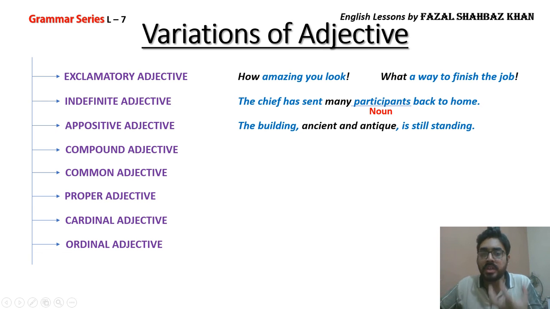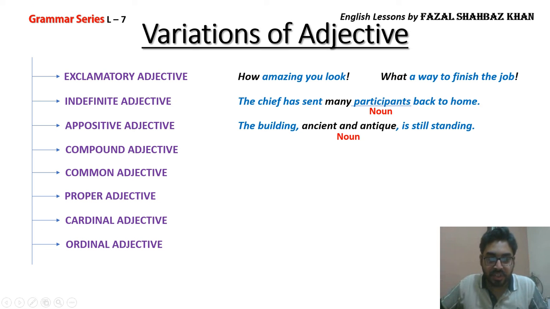Now antique is a common noun. Antique is a word that is a noun. Ancient is taken as a noun, but is like an adjective. These are nouns, as you can see on the screen, but yet they are placed in the position of an adjective. So I'm using nouns not in the place of a noun really, but in the place of an adjective, or I'm using nouns actually to modify another noun.